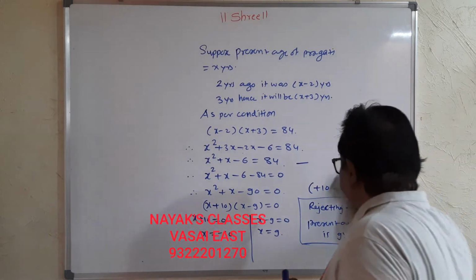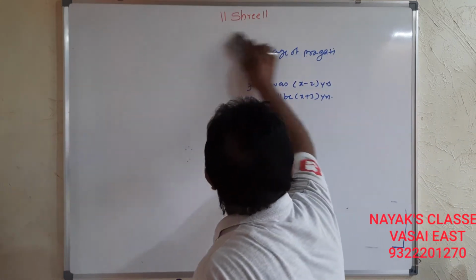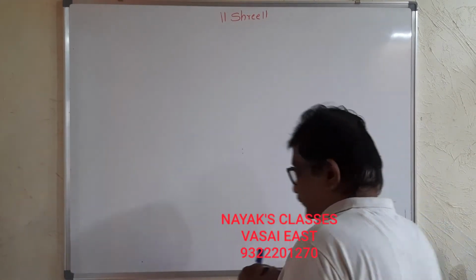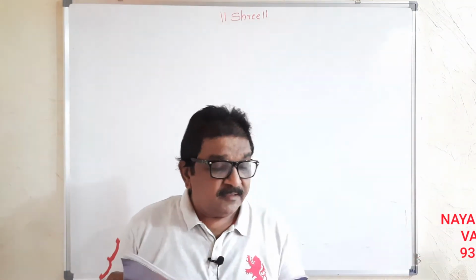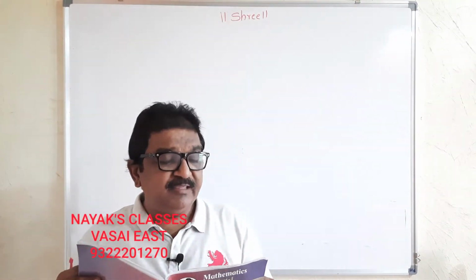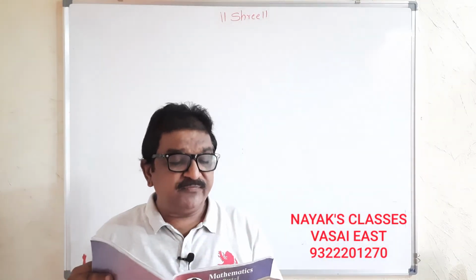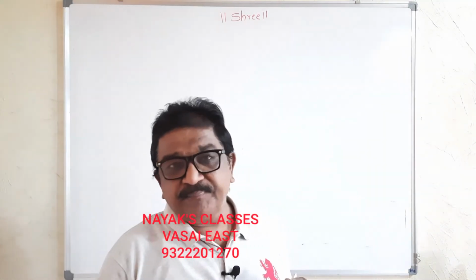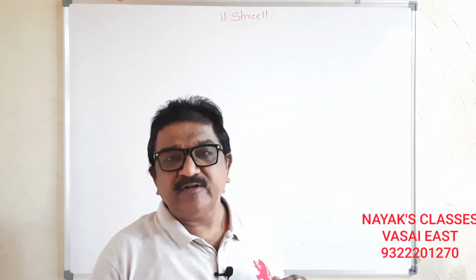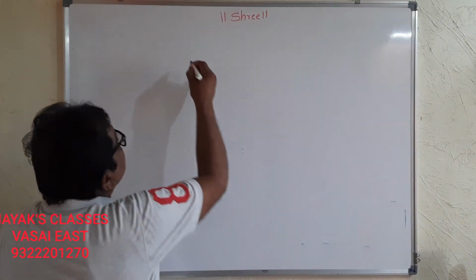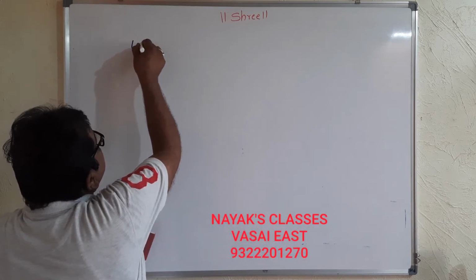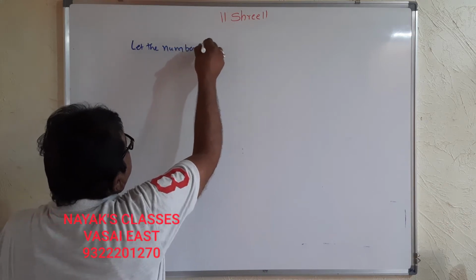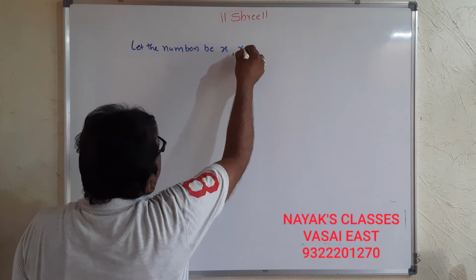Next example is: the sum of squares of two consecutive even natural numbers is 244. Find the numbers. So consecutive means back to back. 1, 2, 3. These are consecutive numbers. So let the numbers be x and x plus 1.